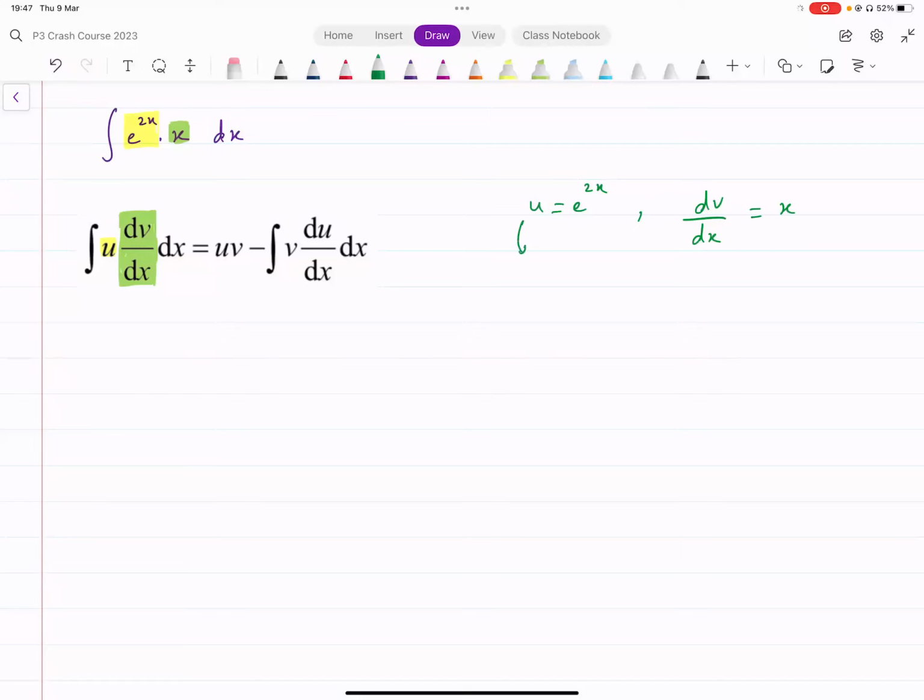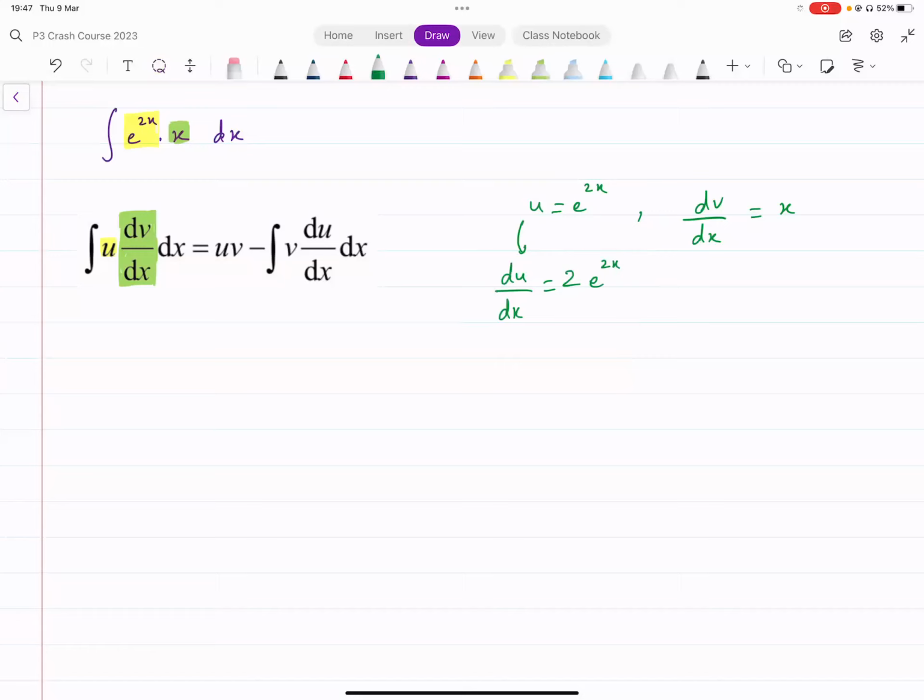So let's differentiate it. What's the derivative of e raised to power 2x? It's just e raised to power 2x multiplied by the derivative of 2x, which is 2. So the derivative of e power 2x is 2e raised to power 2x. That's du over dx.